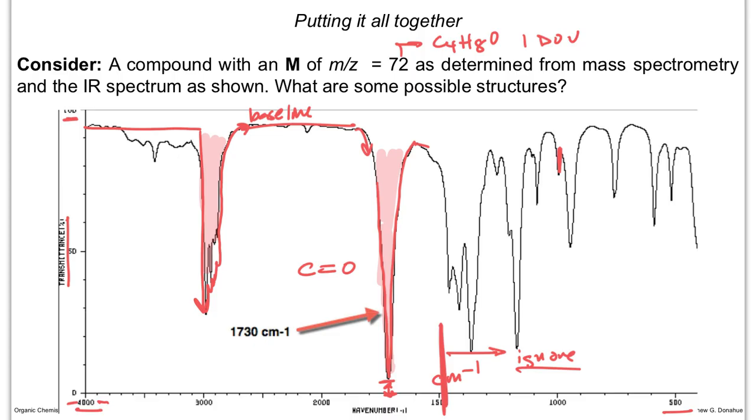So if I say 1730 is a carbonyl, we drew some structural claims that had carbonyls. Another one we had OH.